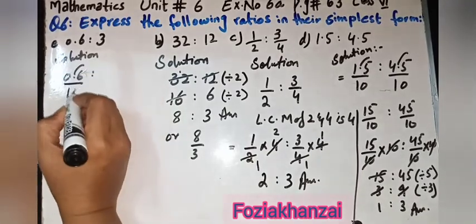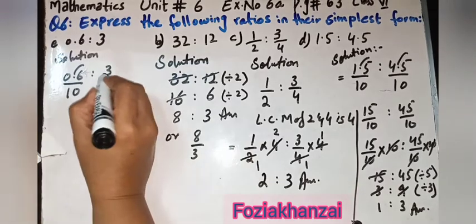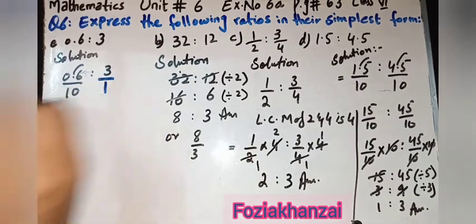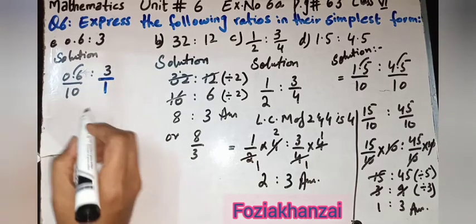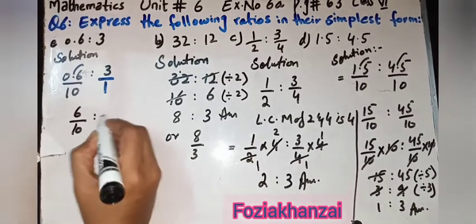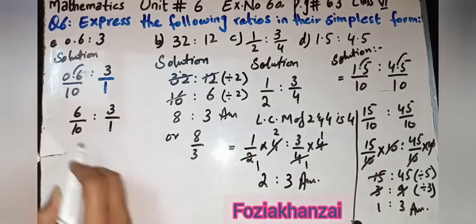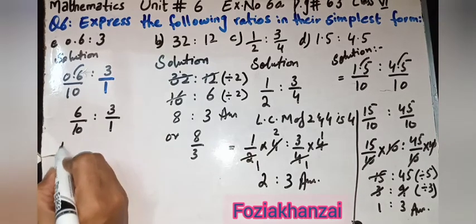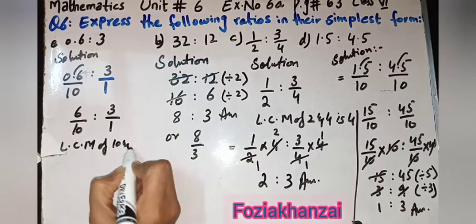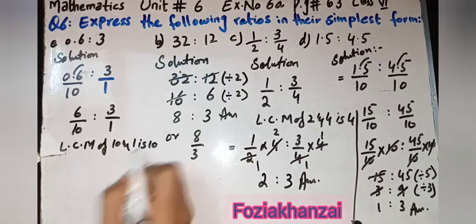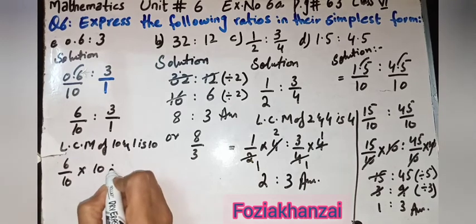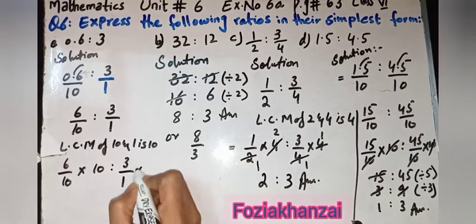After the decimal 1 digit, we put 10 and 3. On one side we have fraction form, so on the other side we write in fraction form. Both sides same. Fraction 6 upon 10 is to 3 upon 1. Now take out the LCM of 10 and 1. LCM of 10 and 1 is 10. So 6 upon 10 multiply by 10 is to 3 upon 1 multiply by 10.